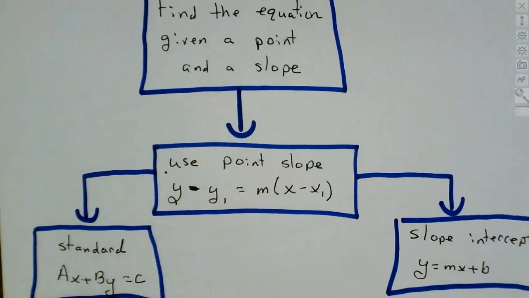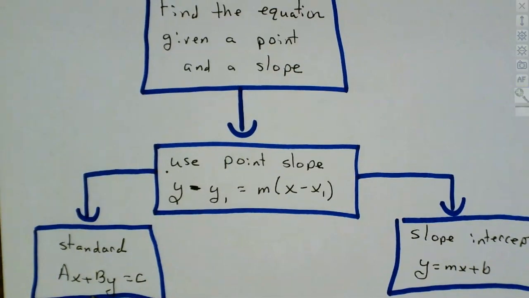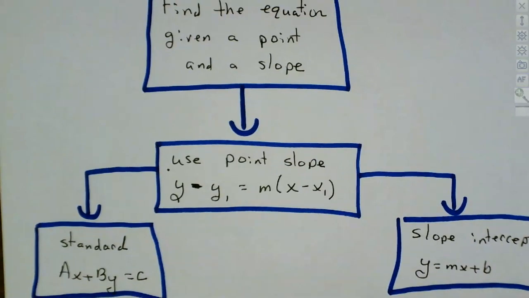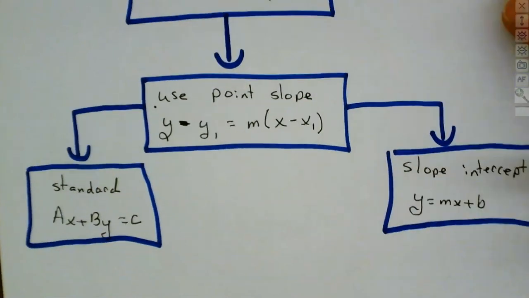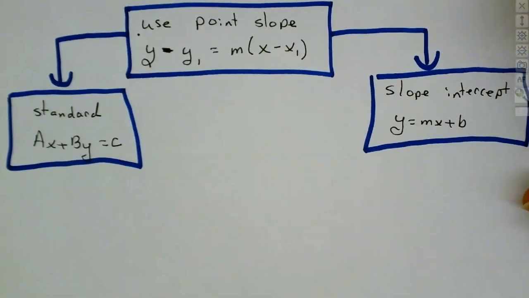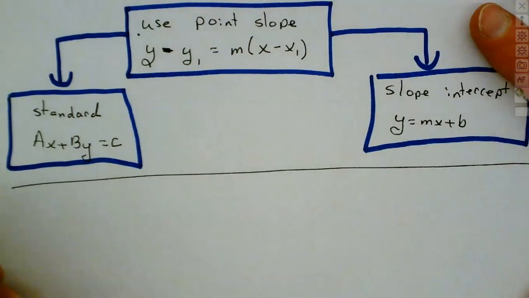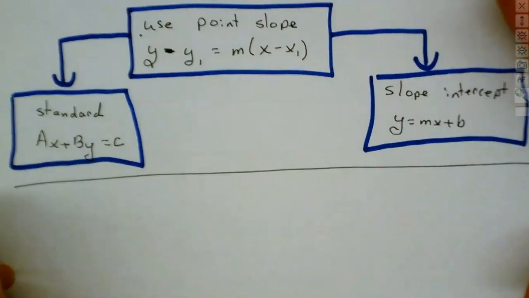And then we write our answer in standard form or slope-intercept form, depending upon which one it asks you to find. So now we're going to work out a couple of these. We'll do 2 examples of each type, and then we'll look at some special cases.